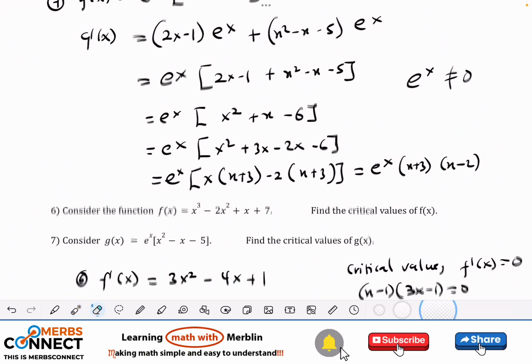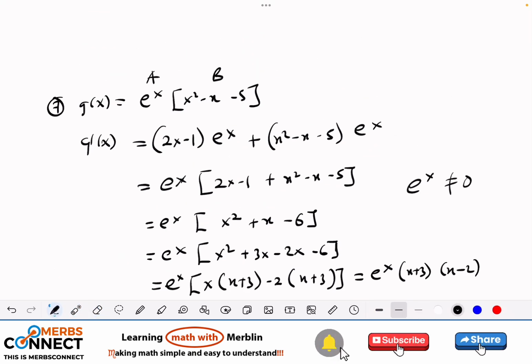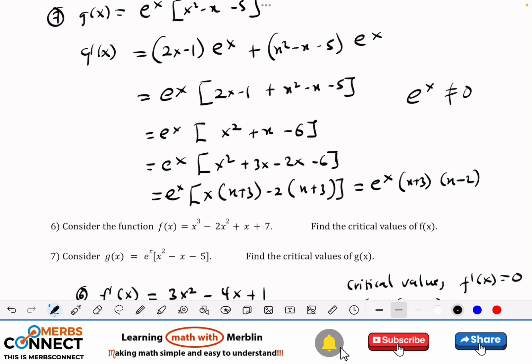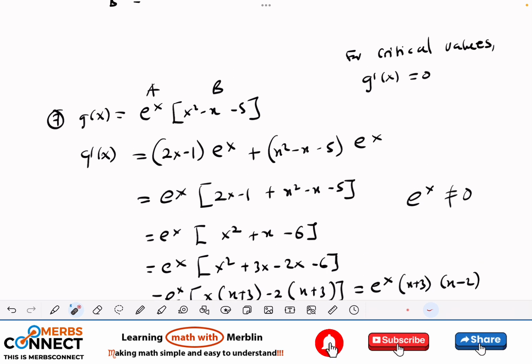So now what are we going to say? We are going to say that for critical values, g prime of x should be equal to 0, right? So what are we going to do? We are going to just pick this one. We are not minding this guy. We are going to pick this one and set it to 0.